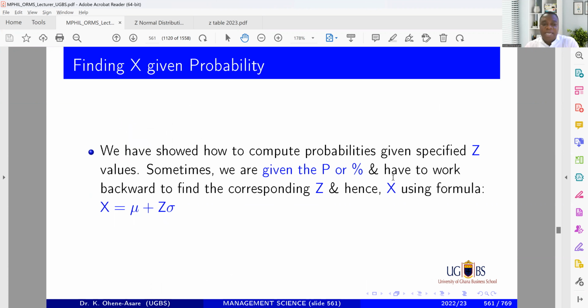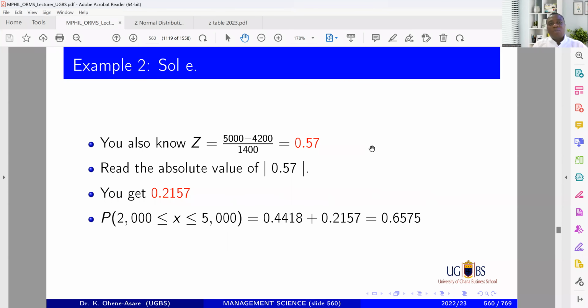So let me just recap what we have done so far, just to guide you in what we're about to do. We have been given some X values, and then we use these X values to standardize it into the Z value.